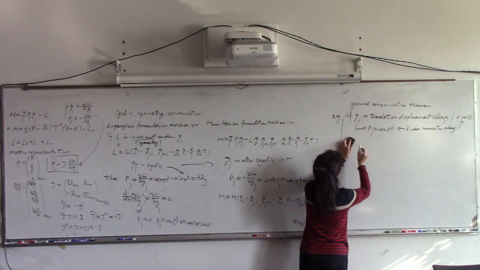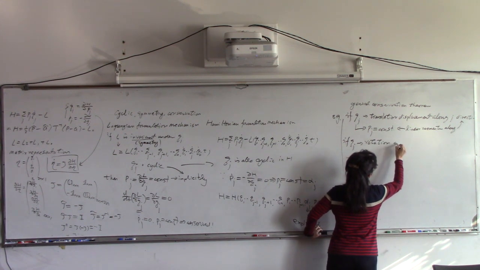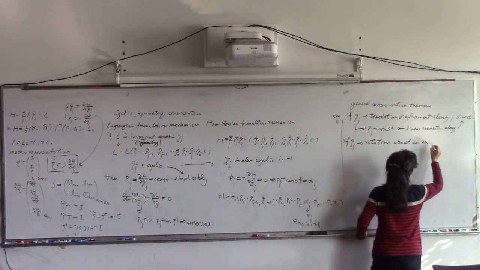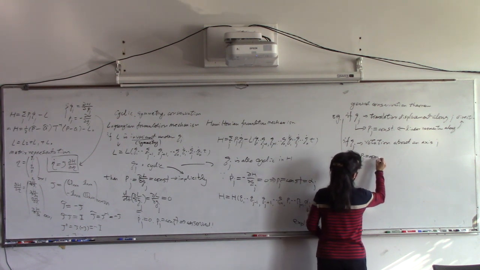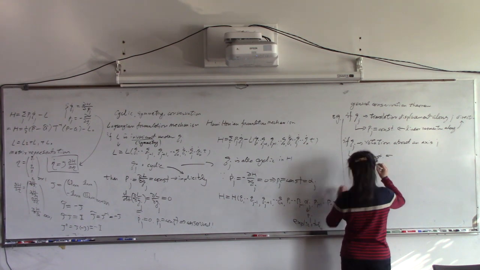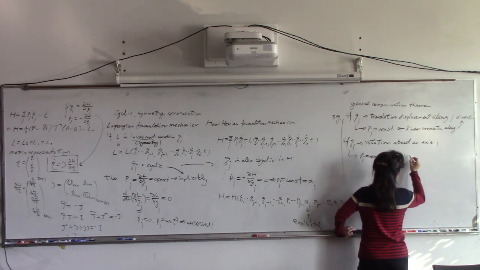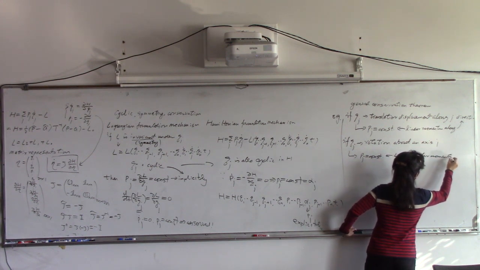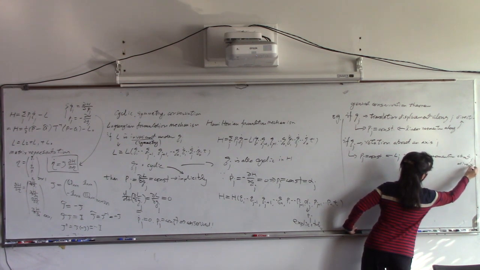And if Qj is a rotation about some axis, I'm going to say J direction, then immediately we know this Pj equals constant, which is, I'm just going to use Lj, which is the angular momentum about the J direction, the axis.